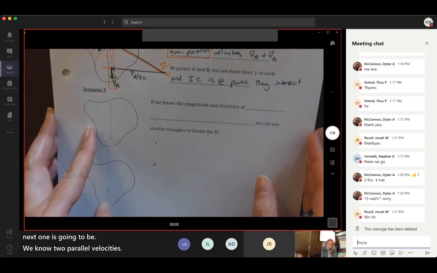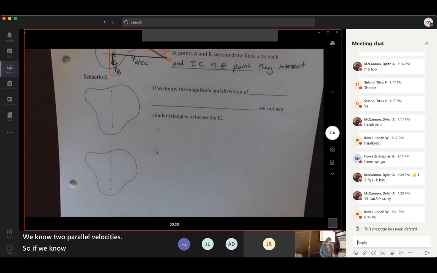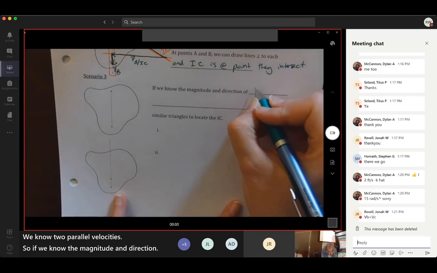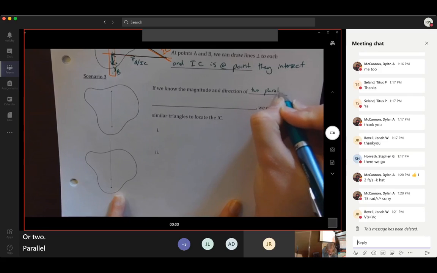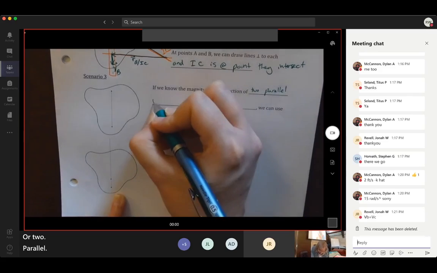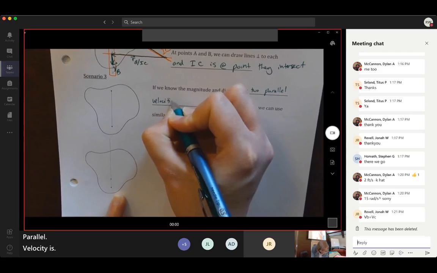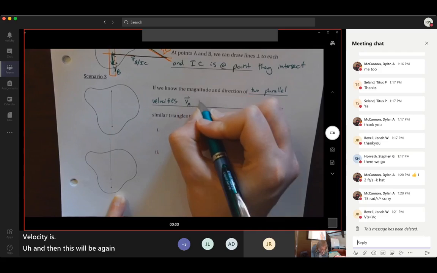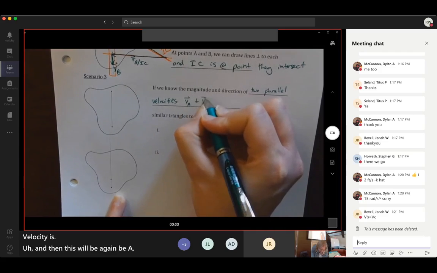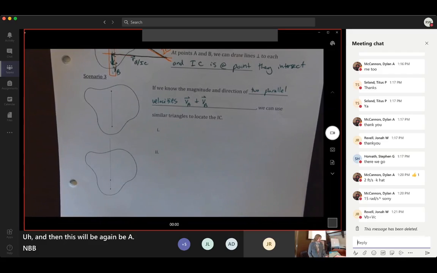So if we know the magnitude and direction of two parallel velocities, and this will be again VA and VB, we can use similar triangles to find our instantaneous center.